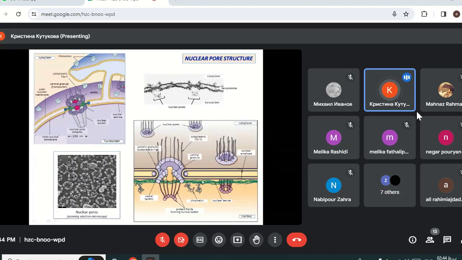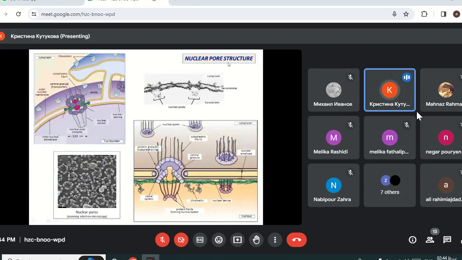Inside the nucleus, the so-called nuclear lamina is attached to the internal surface of the nuclear membrane. Nuclear lamina consists of specific intermediate filaments, lamins, and it serves for attachment of euchromatin and heterochromatin to the nuclear envelope.